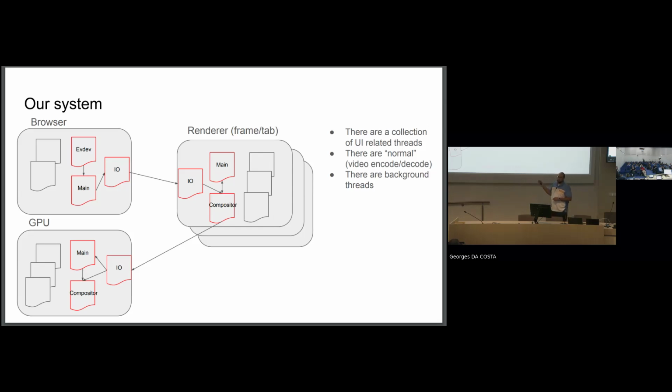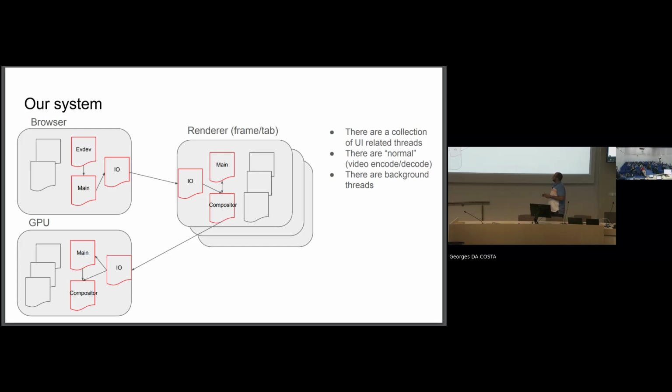Every render process represents a frame or a tab, so a visible element. Some of them could be in the foreground, like a foreground tab, and some can be in the background. Within those processes, we have a few threads that are important for compositing and drawing things, so UI threads, and they're also used for input.